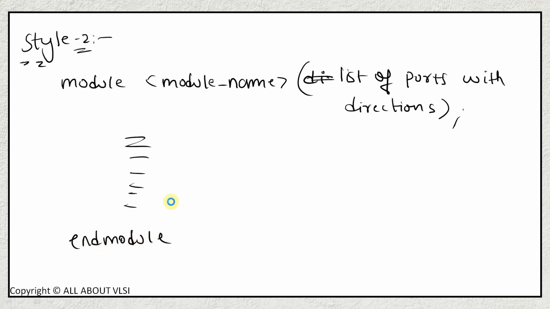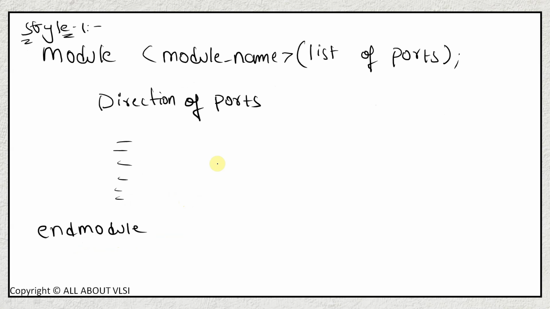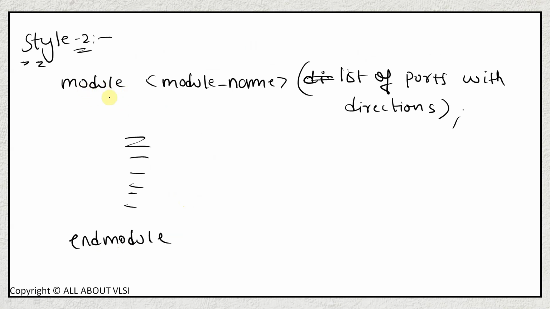So these are the two styles for declaring any module in Verilog. First is module followed by module name, followed by list of ports and direction of ports and end module. And the second style is module followed by module name and list of ports with directions and end module.